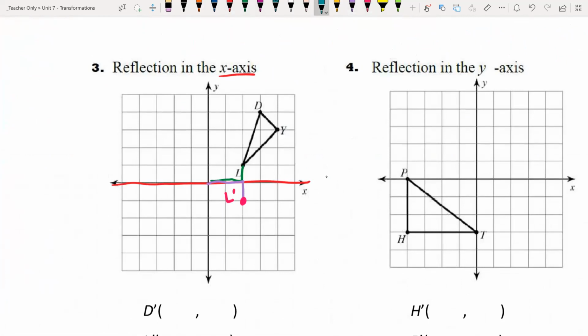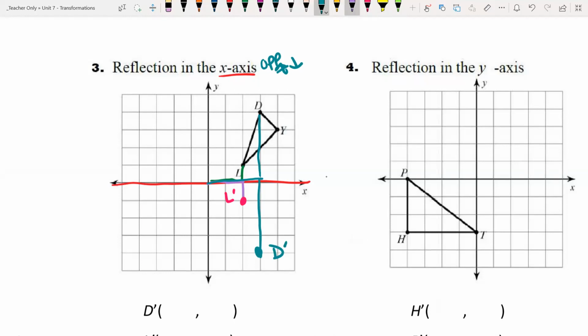Let's do D. D is 3 over, 4 up. Since it's my x-axis, that's why I changed to the opposite, up or down. So since we're going up 4, now we're going to go over 3, down 4. And that's my D apostrophe, right?